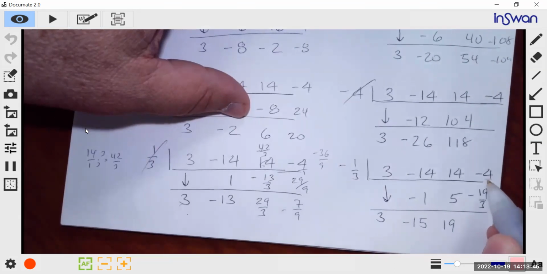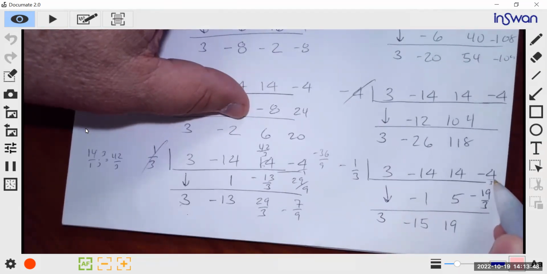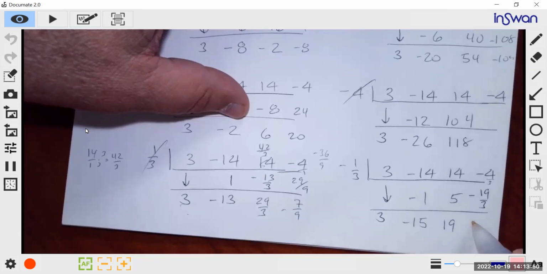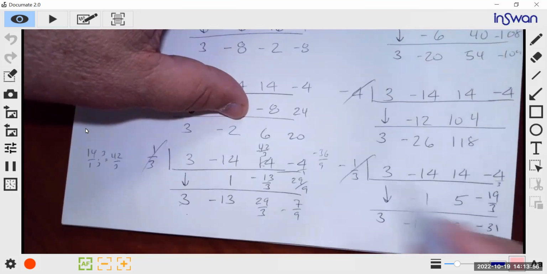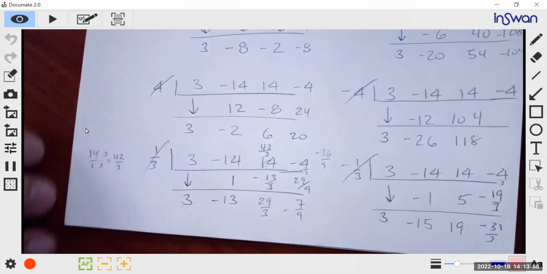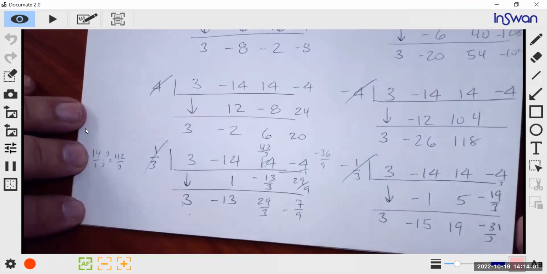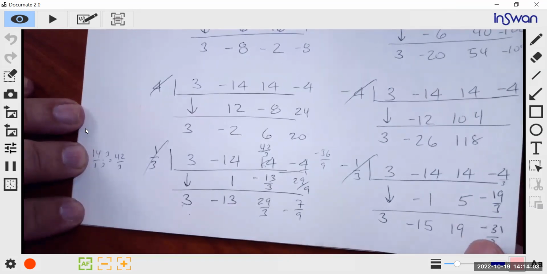Now this is going to be 12 over 3, so it's going to be negative 31 over 3. So now we're at 2/3 and then 4/3.